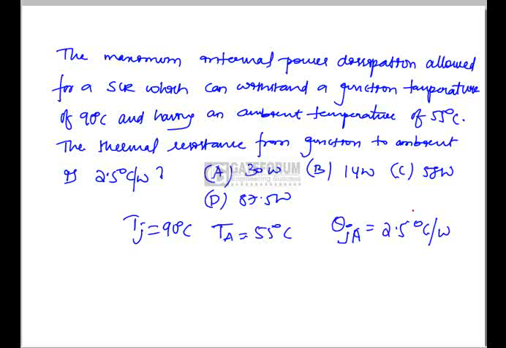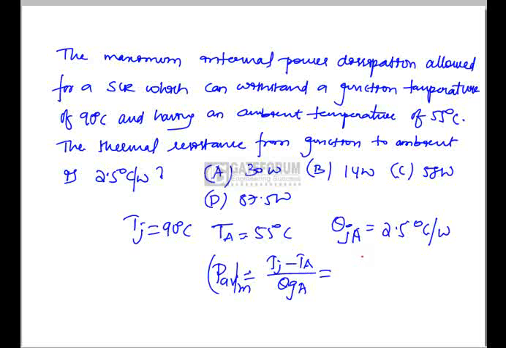Now we have to calculate the maximum internal power dissipation. PAV max is equal to Tj minus Ta by theta JA. This is the formula for maximum internal power dissipation.